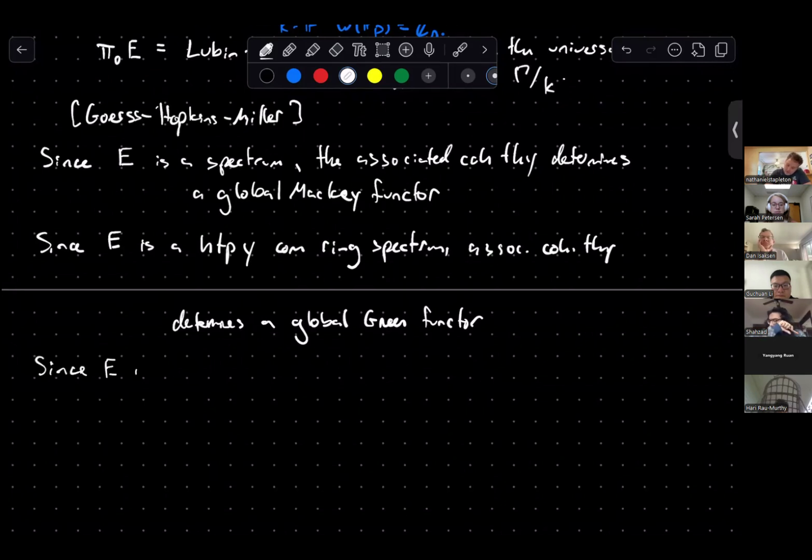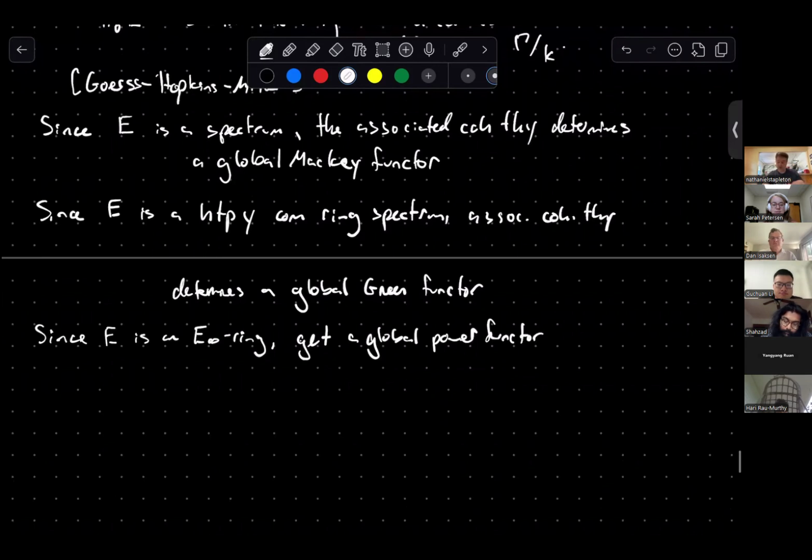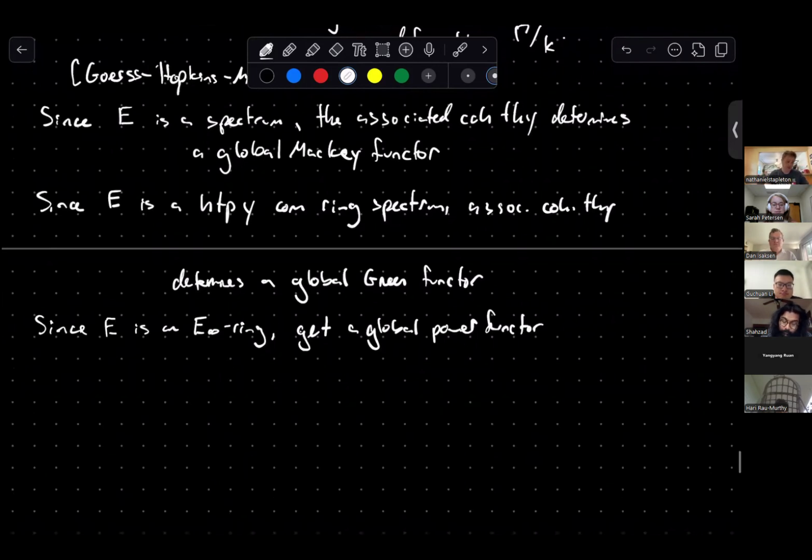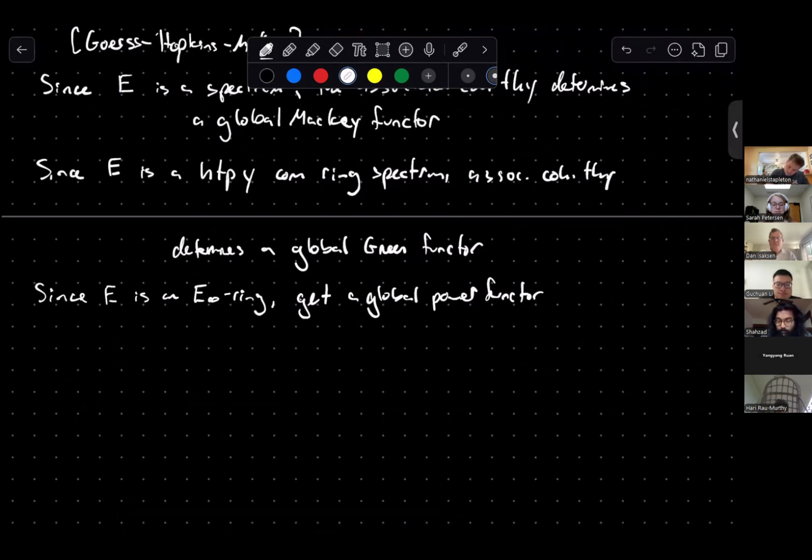since E is an E-infinity ring spectrum, we get a global power functor when I consider the values on finite groups. So it has even more structure, but there's still even more.